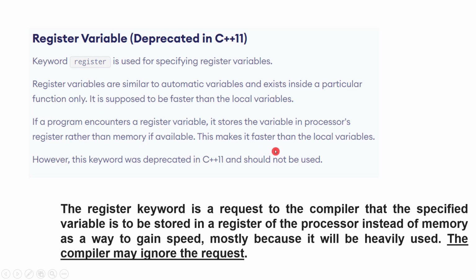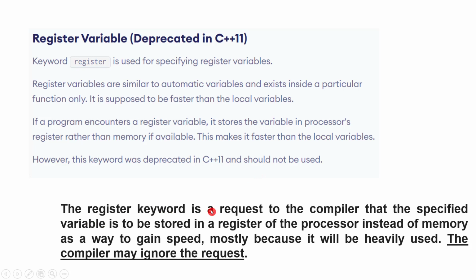That means normally all the variable values will be stored inside the memory of the CPU. But here the value is directly stored in the processor register so that it can be easily called out so that we can run the program faster. This makes it faster than the local variable. However, this keyword is deprecated because we have advanced computers so that this time lag is not that serious.